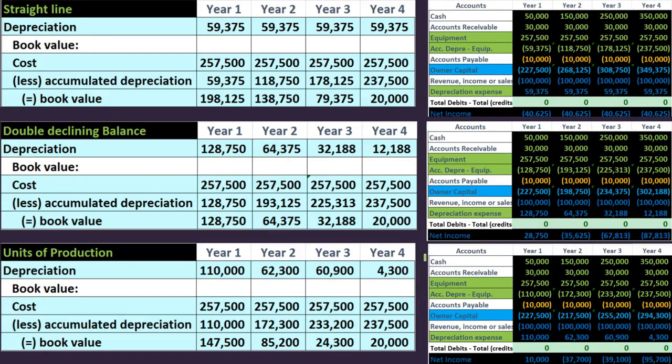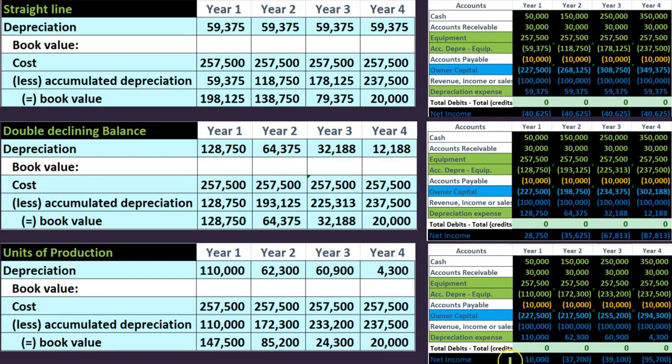So if we're talking about a printer, and we know that it's going to print so many pages over its useful life, that's what the warranty says, then we can divide the cost by the number of pages, and then we can see how many pages were printed over a certain time period and depreciate in accordance with that, which would usually be considered to be more accurate. What's the problem with that method? We have to count the pages and then depreciate, which takes more time. So those are the pros and cons between these three.